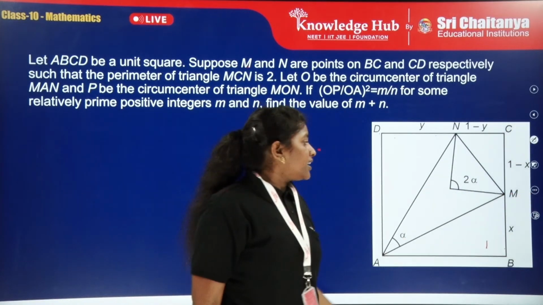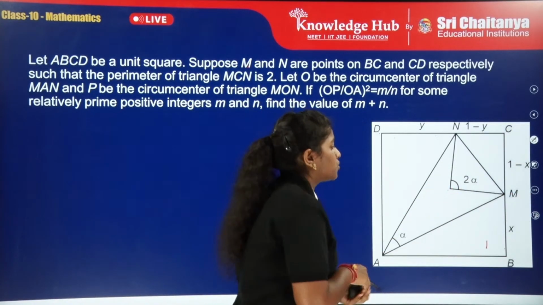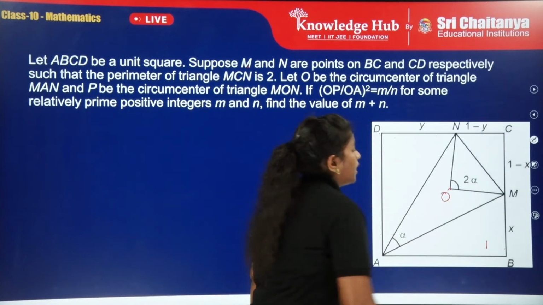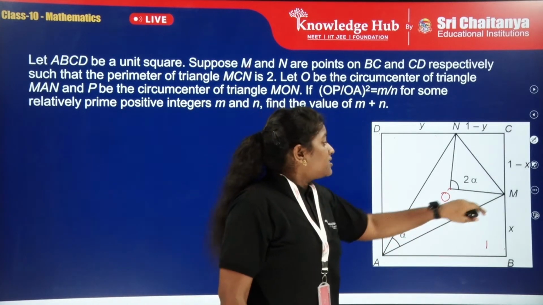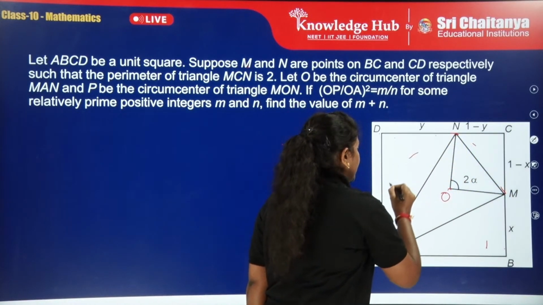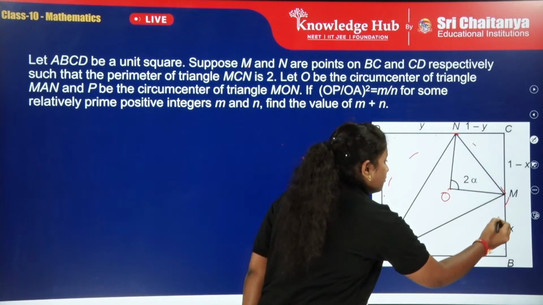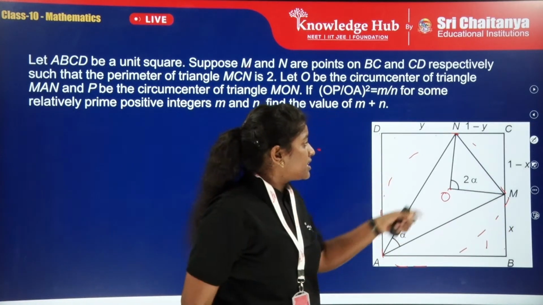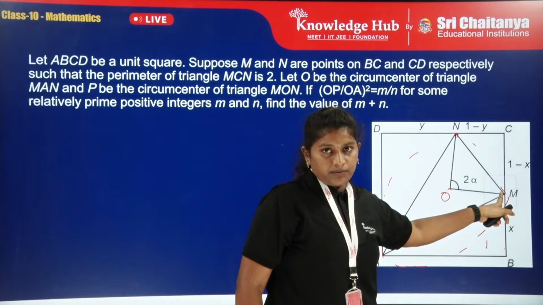Now they are saying that O is the circumcenter. That means we can have a circle which is passing through M, N and A. If I consider the circle, MN will become the chord.